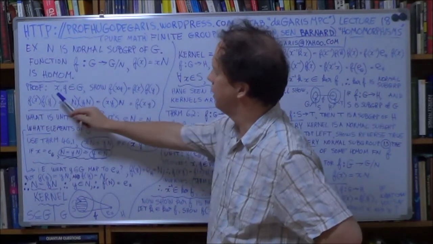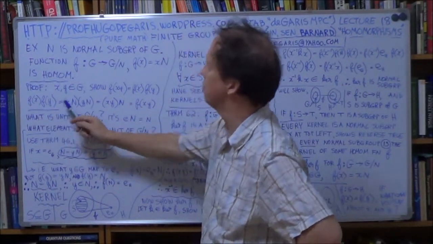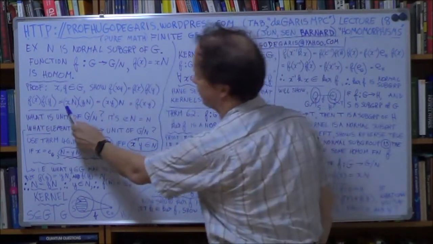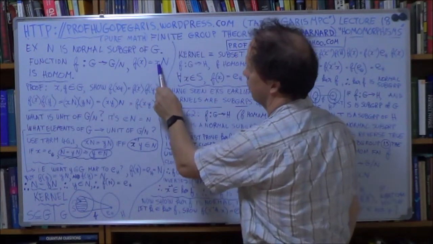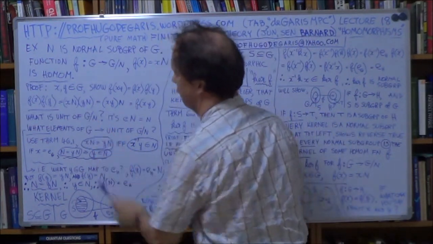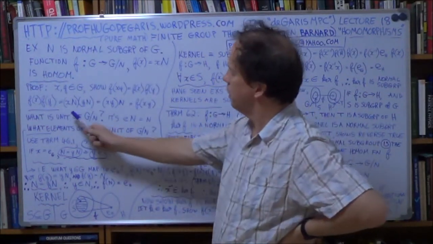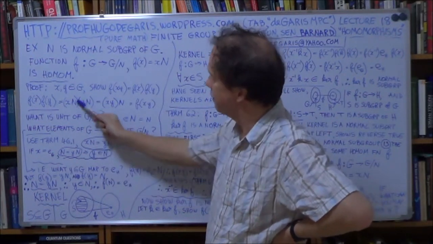So for any two elements of G, x and y, f of x times f of y, here it is, equals what? Well, we just use this definition, right? So f of x is xN, that's where this comes from, and f of y will be yN, so put that in here. Now, remember from the previous lecture, what are you doing here? Well, this is a coset, right? So is this.